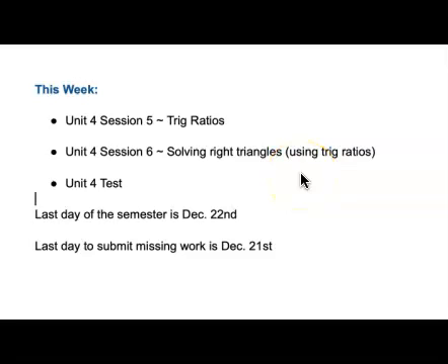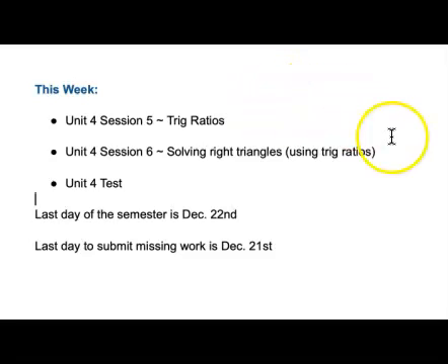All right, so this week we are finishing up Unit 4. And these will be the last assignments, last tasks, last concepts you are learning about in Semester 1. So we are going to start this week with being introduced to trig ratios, sine, cosine, and tangent.